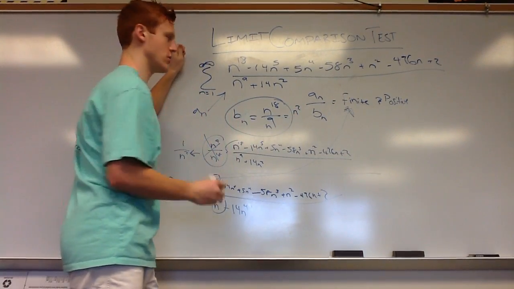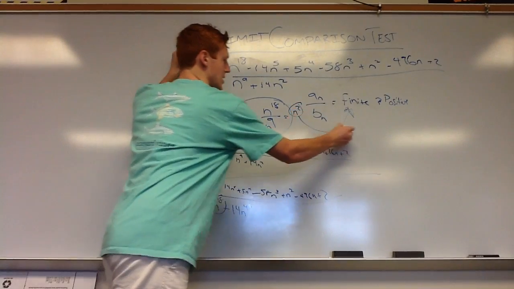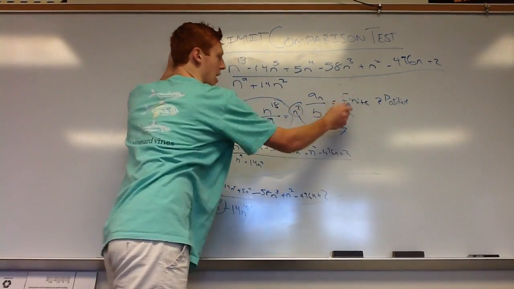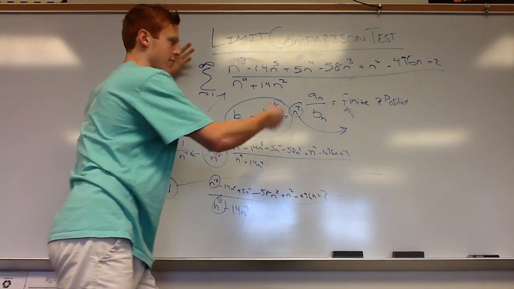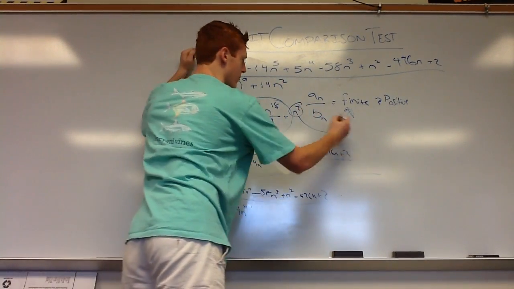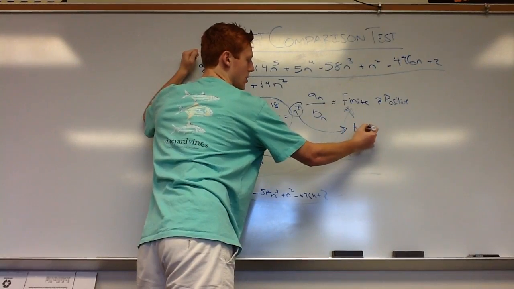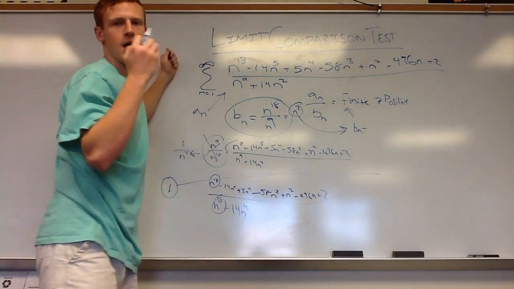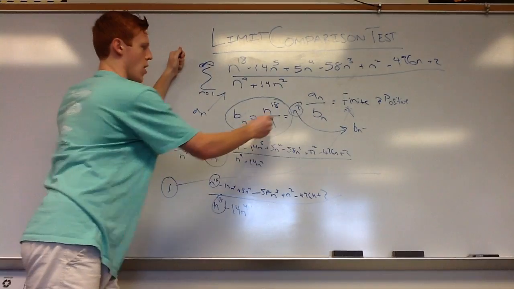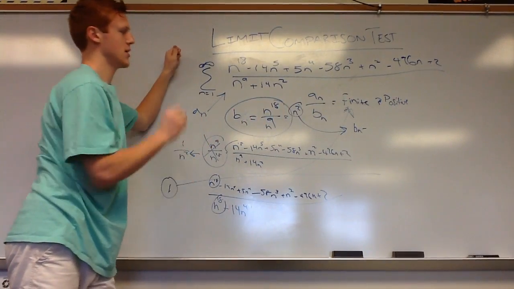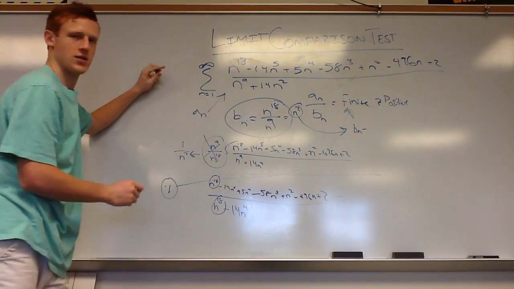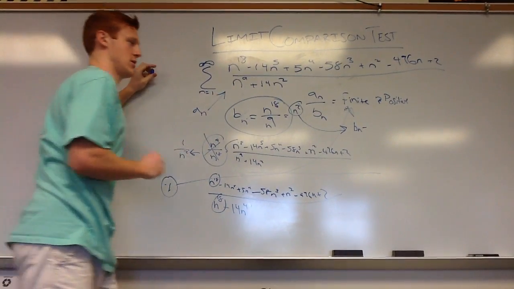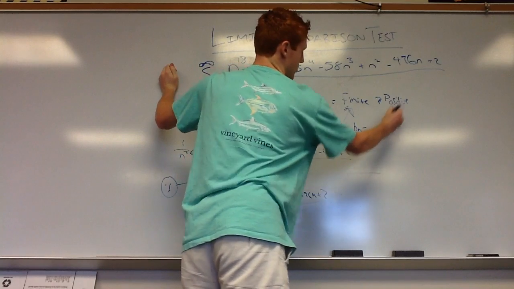N squared diverges. So the limit comparison test is saying if a sub n over b sub n is finite and positive, then if b sub n converges or diverges, a sub n will also do that. So b sub n in this instance diverged. When you do this, it equals 1, finite and positive, so a sub n diverges as well. Boom.